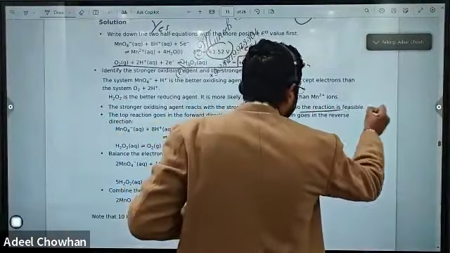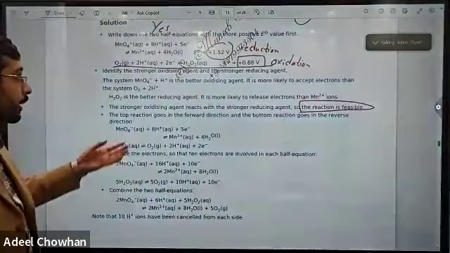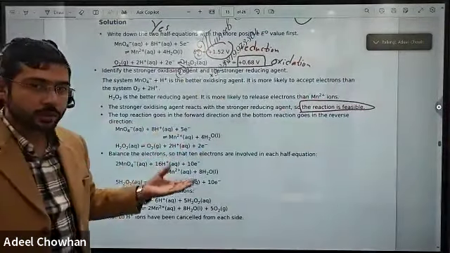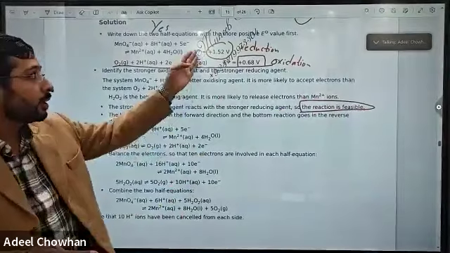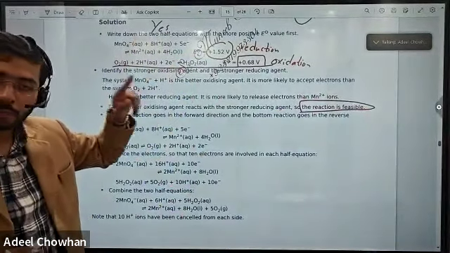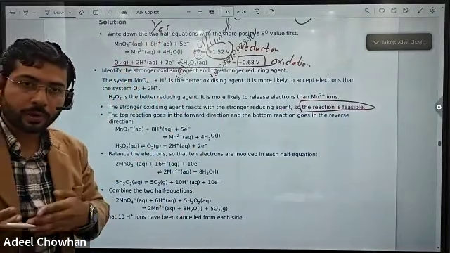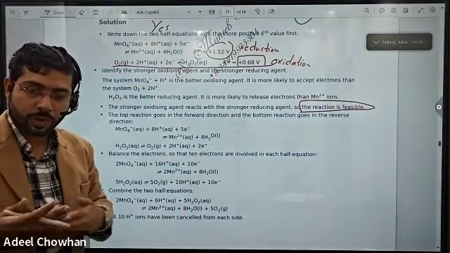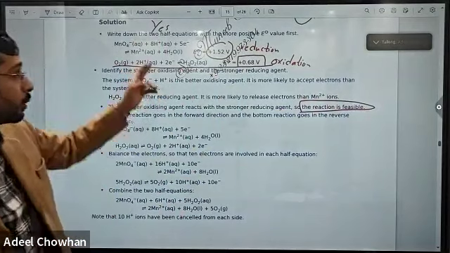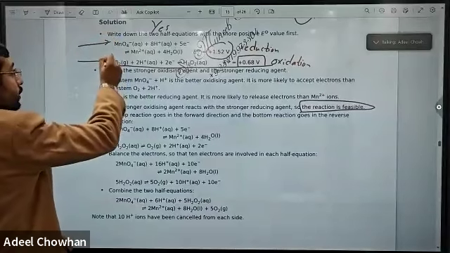So the reaction is feasible. Good. Now the rest is about the calculation. They are just basically finding the overall equation of these two reactions. So they are using the same rules which we discussed before, the rules to balance and to find the overall equation. How to find the overall equation for these two reactions, this reaction and this reaction?